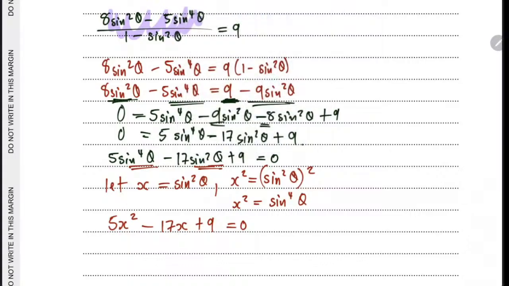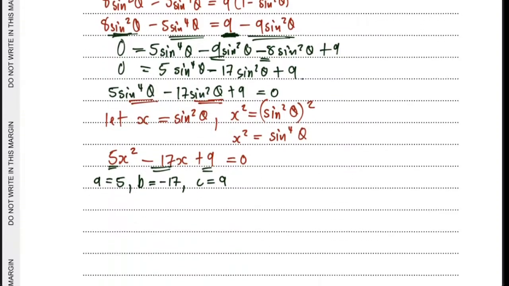We have the quadratic formula, so we are fine. We need to know what is our a. It's 5. What is our b with its sign? Negative 17. What is our c? 9. And what is the first thing you find? The discriminant, b squared minus 4ac, so you see if there are any solutions. Sometimes there are none.